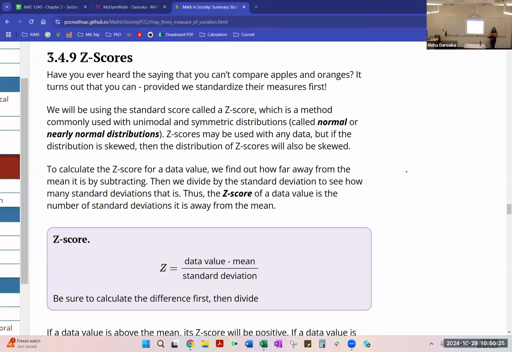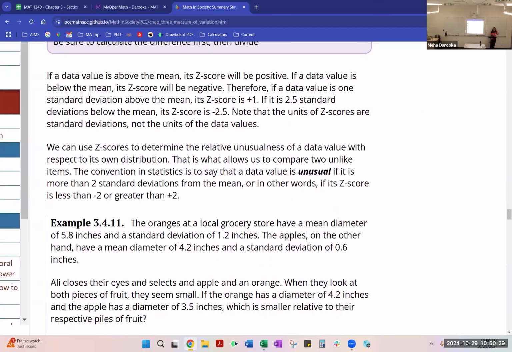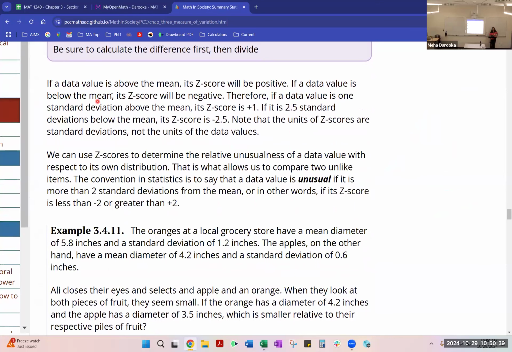So let's take a look at some of this here. They're saying if a data value is above the mean, then your z-score will be positive. We talked about this a little bit when we were doing deviation calculations: if the data value was larger than the mean, you would get a positive deviation, and if you had a data value less than the mean, you would get a negative deviation.